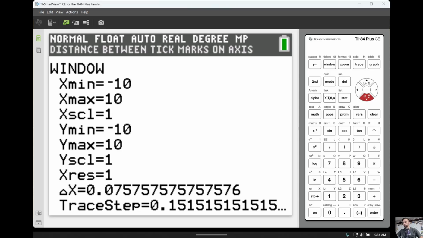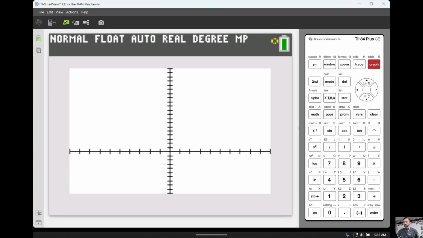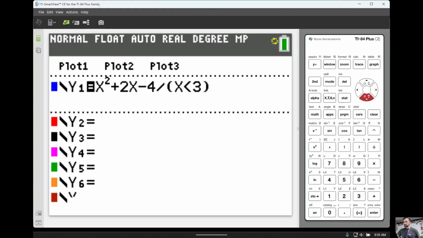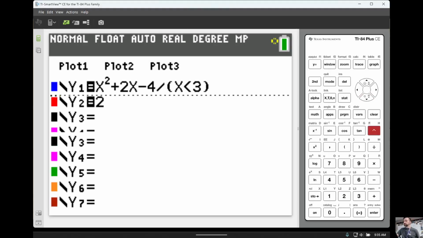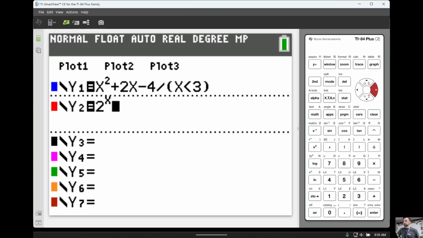Tangent is sine over cosine. Well, I got 0, because sine would be opposite over hypotenuse. It should be 0 over 1.